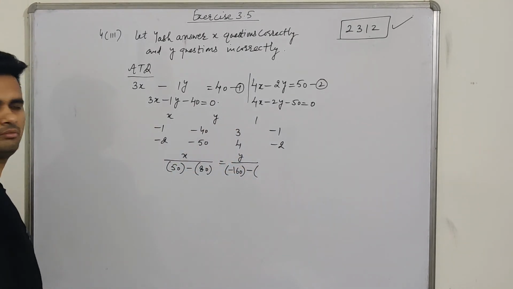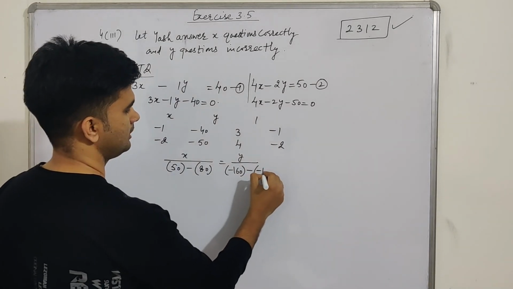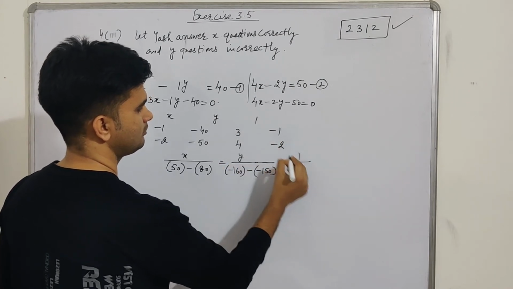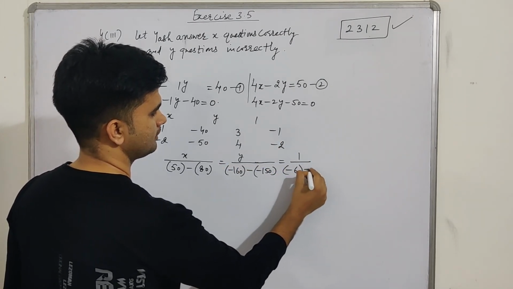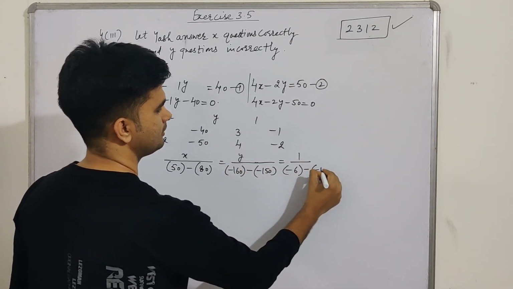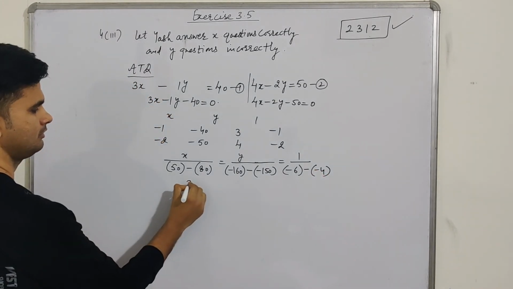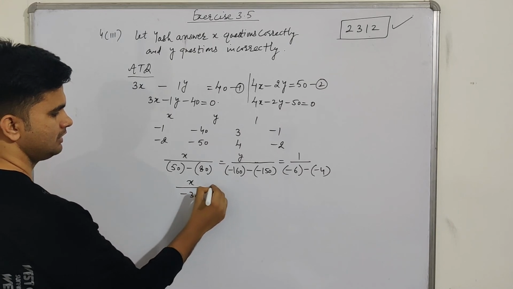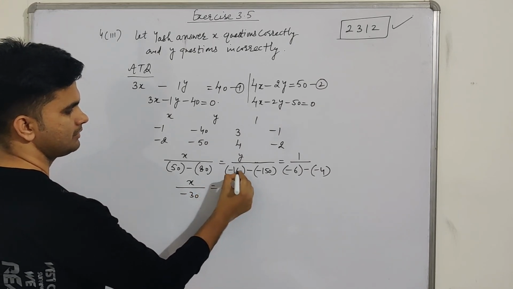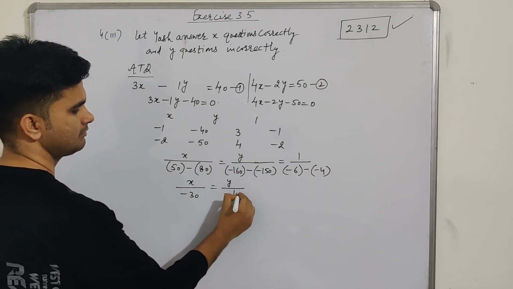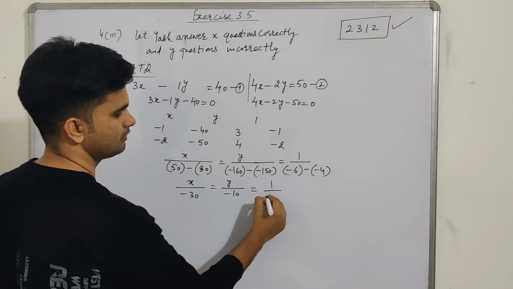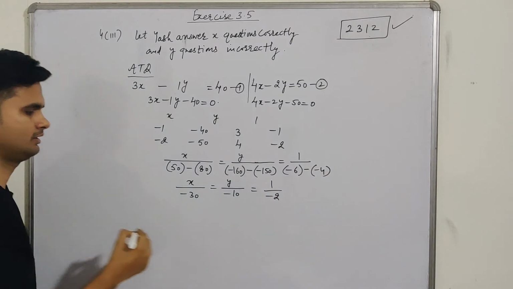Minus 50 into 3, minus 150. 3 into 2, minus 6. 4 into minus 1, minus 4. So x by 50 minus 80, minus 30. Y by minus 160 plus 150, minus 10. 1 over minus 6 plus 4, it is minus 2.